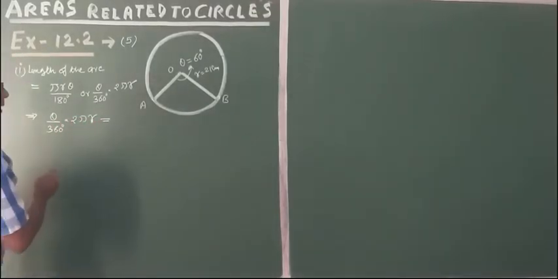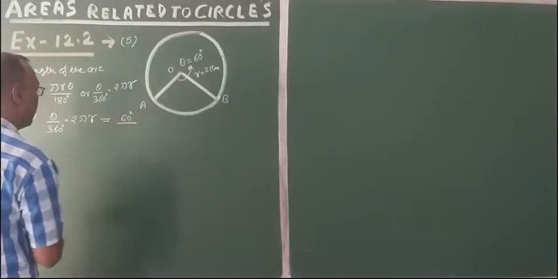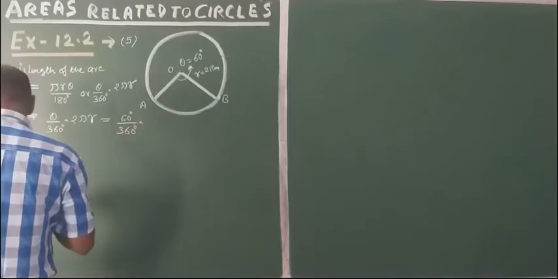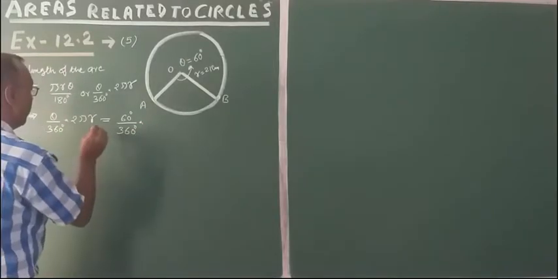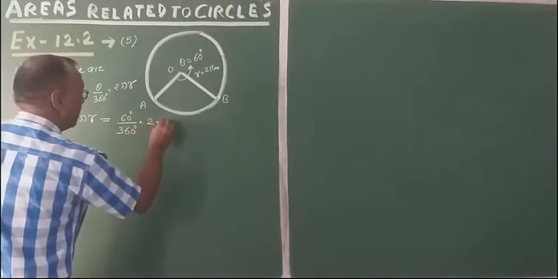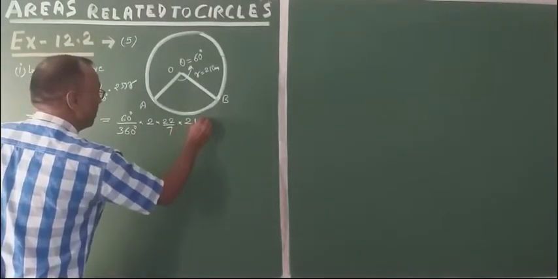What is the value of theta here? 60 degree upon 360 degree. Pi is not mentioned here, so just take 22 upon 7. Theta upon 360, 2 pi r, where pi is 22 upon 7 and r is 21 centimeter.